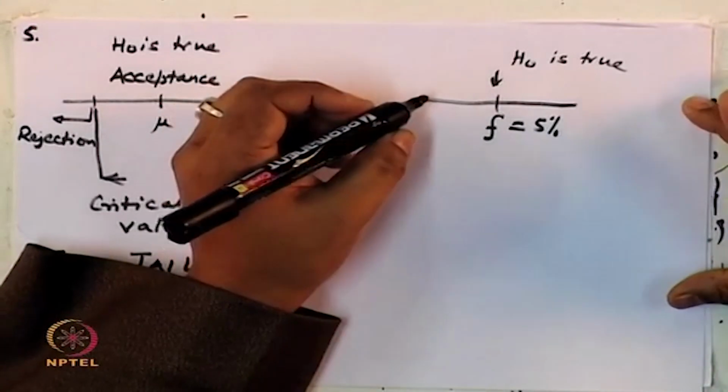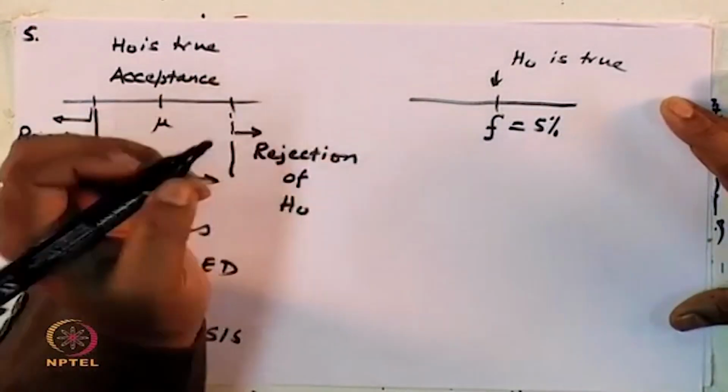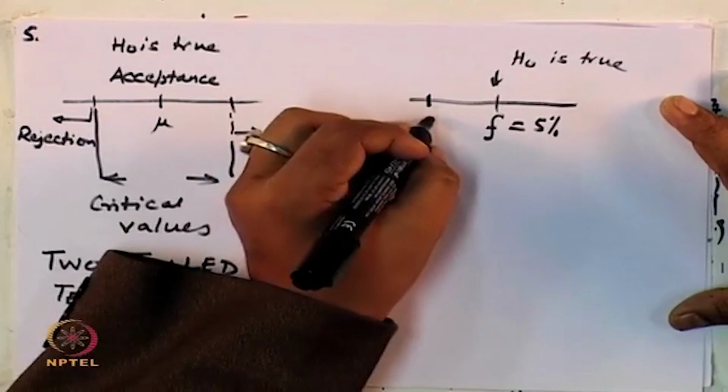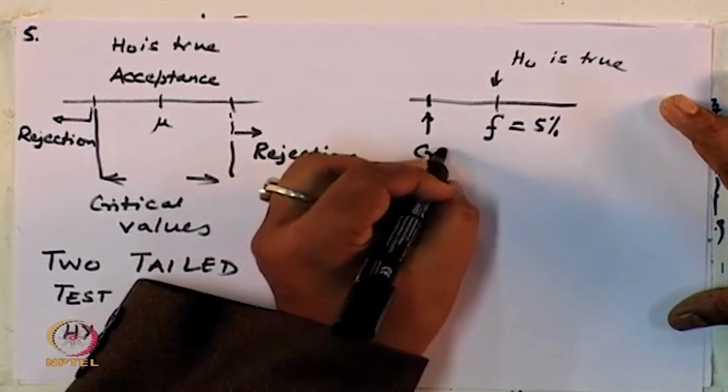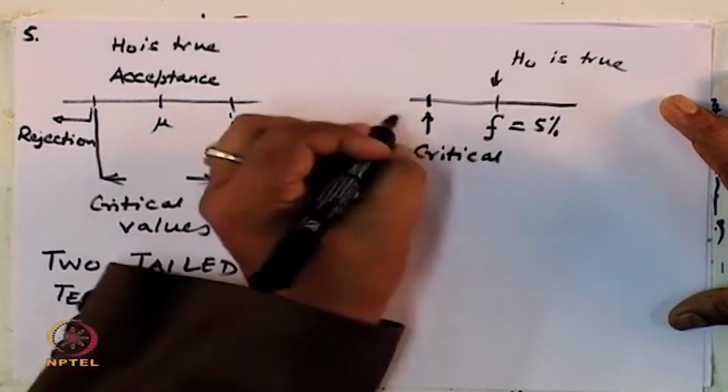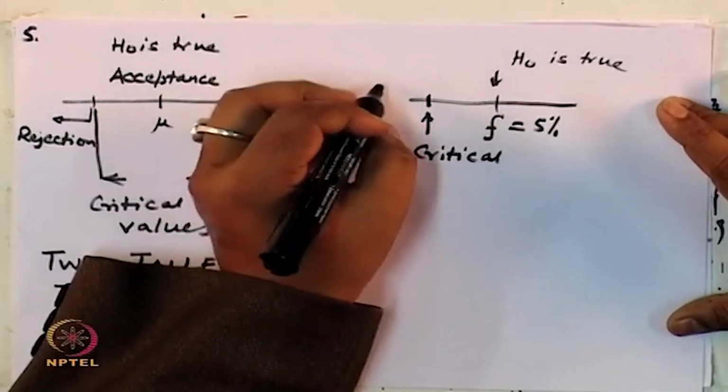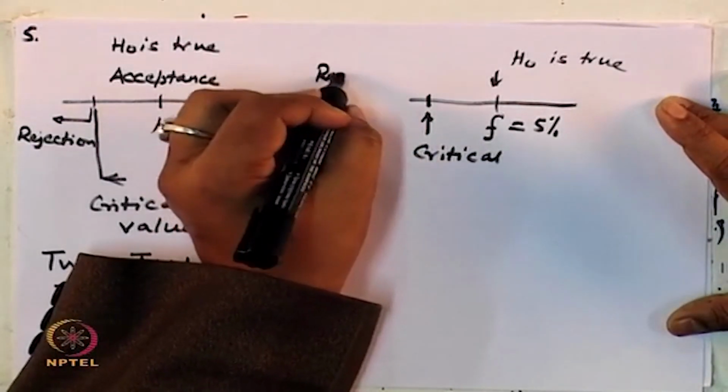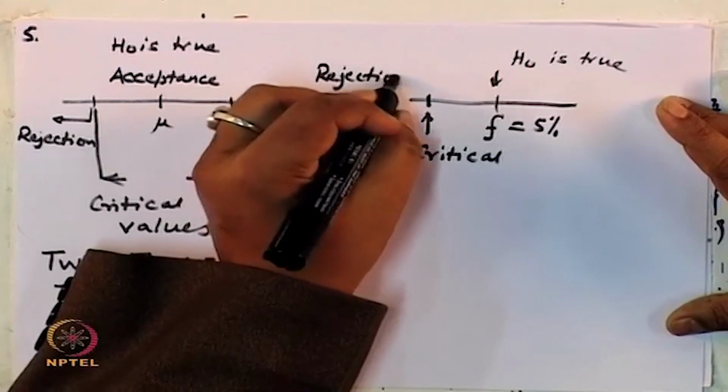You want to lower the defective pieces, so your critical value is somewhere much to the left of it, and this is your rejection region.